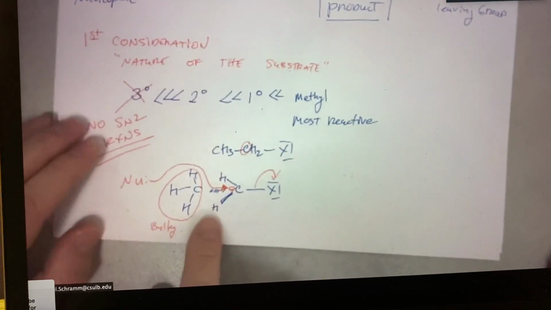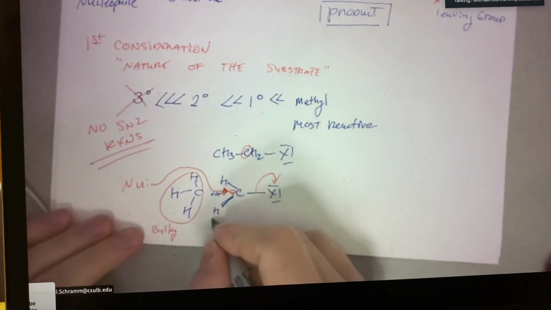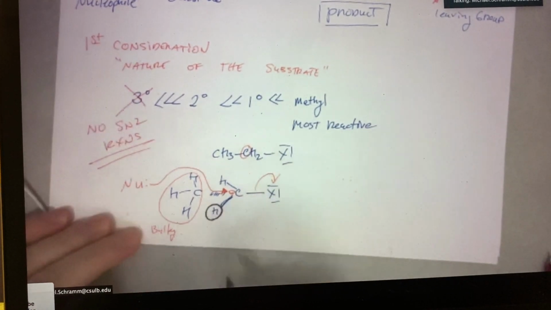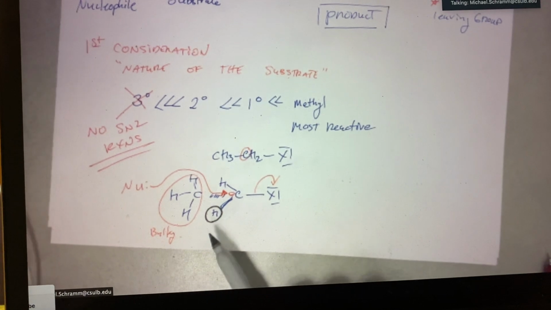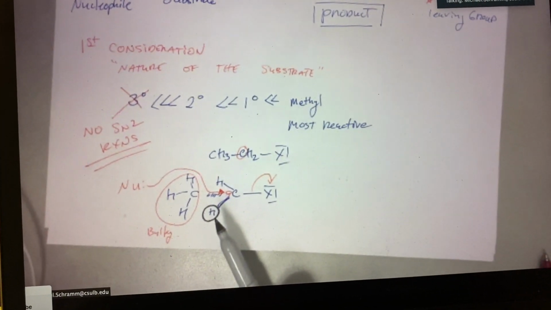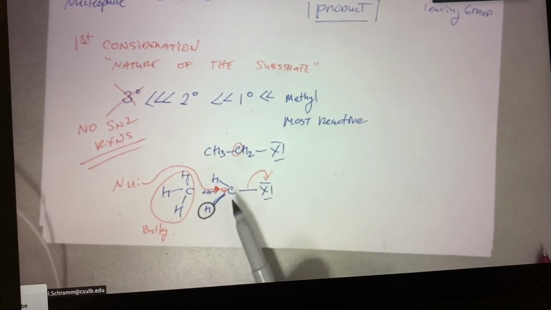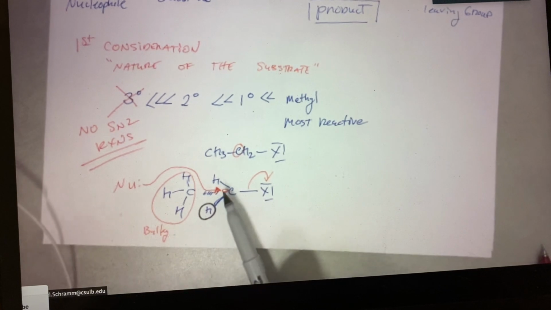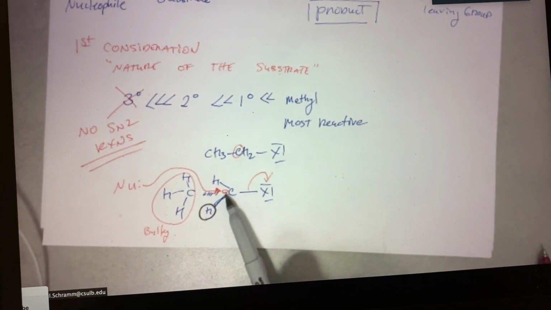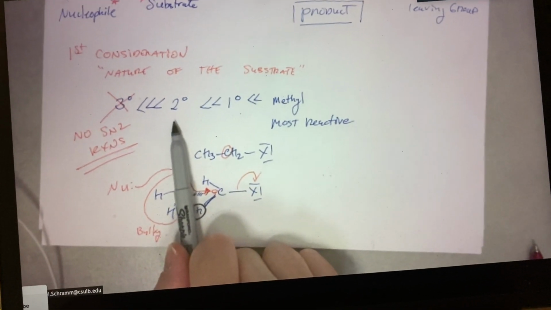And you could imagine right away if we put at this location here, what if we replaced this location with a methyl group? Hydrogen is very small, but what if we put a methyl group here? This substrate would then become a secondary substrate. And it would be even harder for this nucleophile to find its way to the small location on the backside of carbon. The reaction would get slower.